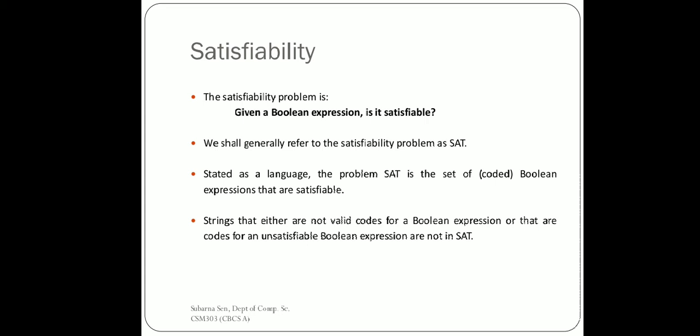If you can come up with at least one combination for which the output is 1, then the Boolean expression is satisfiable, otherwise it is unsatisfiable. From now on we will refer to the satisfiability problem as SAT.